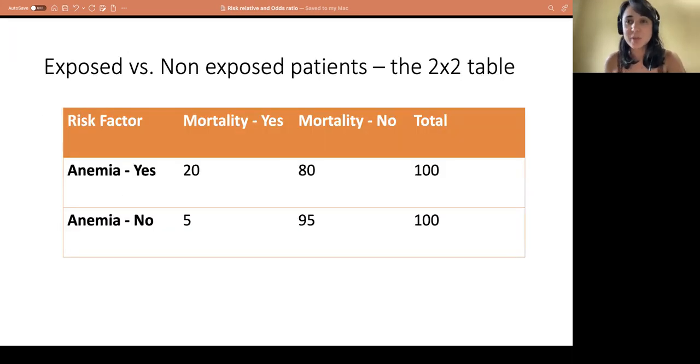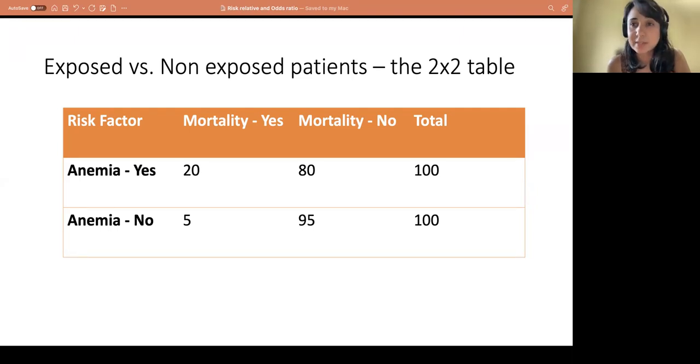So let's start with an example. In this case, we have a 2x2 table describing the exposure factor, anemia, yes or no, and an outcome, mortality, death, yes or no. In the exposed group, we have 20 patients that developed the outcome, death, and 80 patients that did not, in a total of 100 patients in the exposed group.